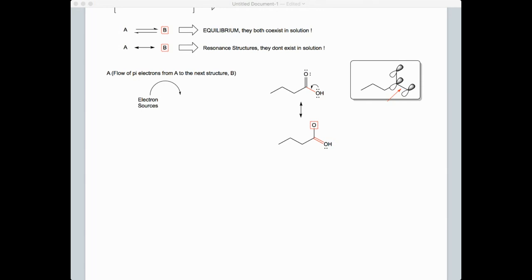What's the formal charge of that oxygen? Please answer the question. What's the formal charge of this oxygen? The red oxygen. What's the formal charge of that?